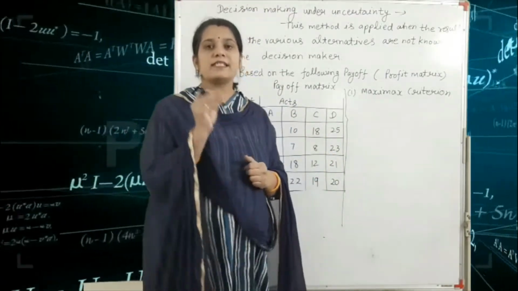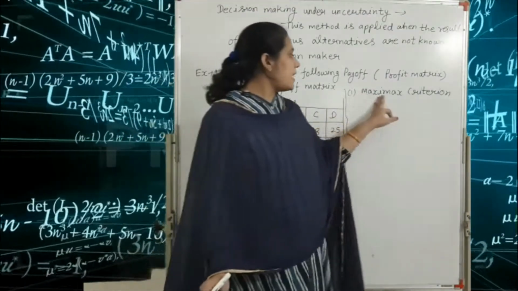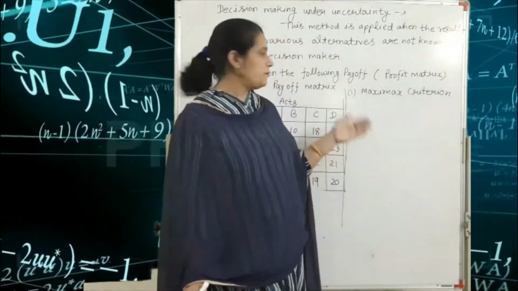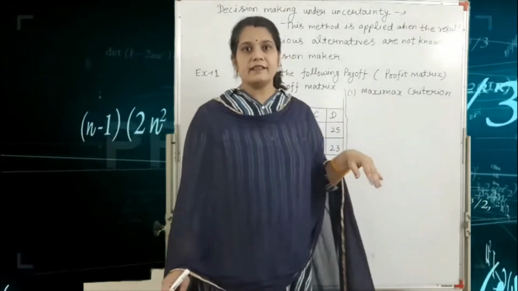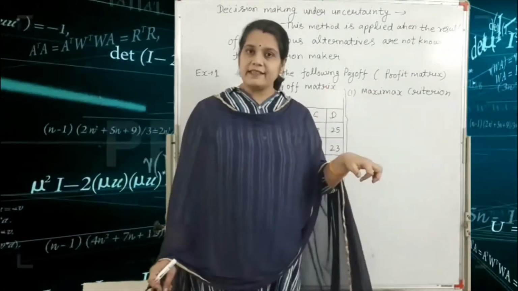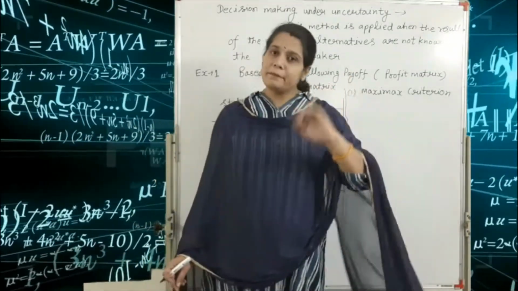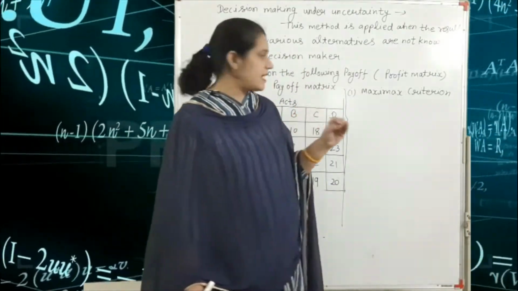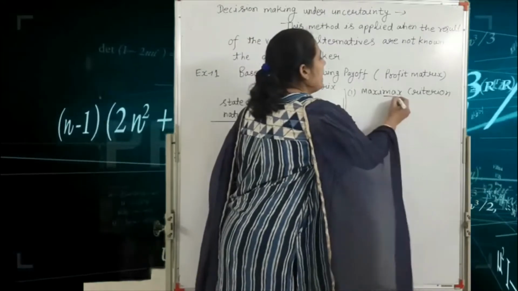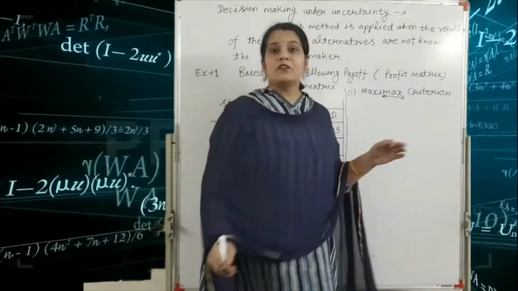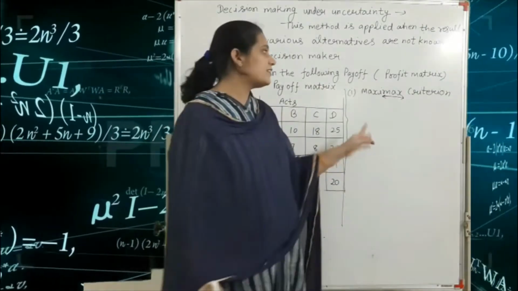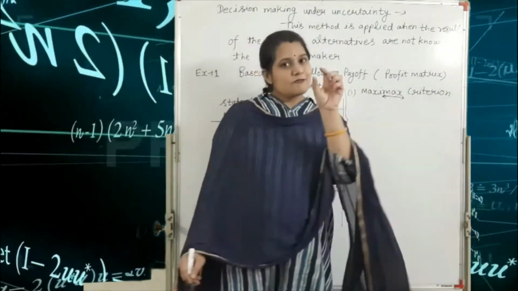Always keep in mind that these four criteria, maximax, maximin, minimax and minimax, always start from the back side, and after that we use the first part.